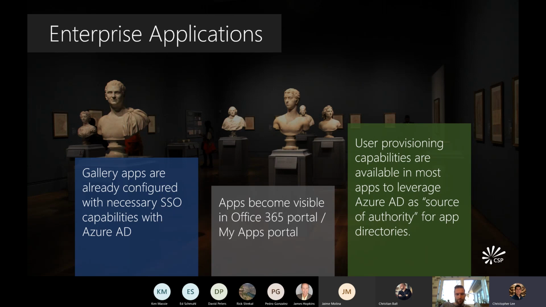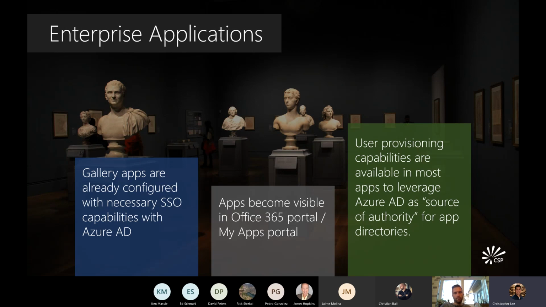But Microsoft's pretty good at working with those third parties and setting up native integration or making it a gallery app in Azure so you can immediately start taking advantage of single sign-on. That's mostly because single sign-on supports some pretty well-defined standards on how it integrates with Azure.